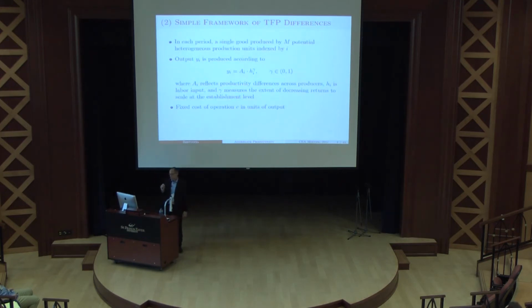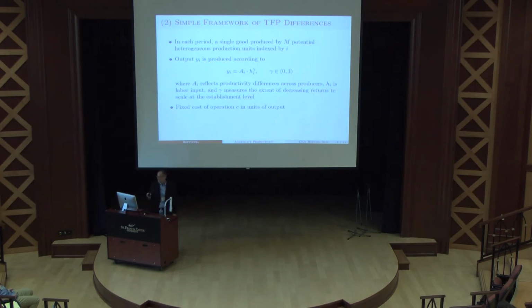So let's think about a situation where we need a framework that helps us account for the fact that poor countries may simply not adopt the better technology, so that should be part of the environment. At the same time, if we want to talk about misallocation, about factors not allocated to the best uses in the economy, then we need to consider producer heterogeneity. Okay, so my simple framework will have those two key ingredients.